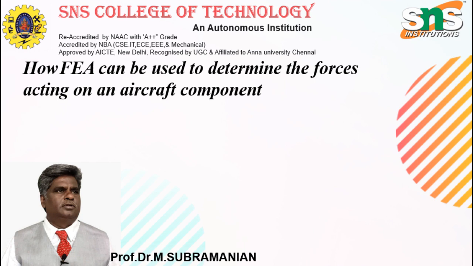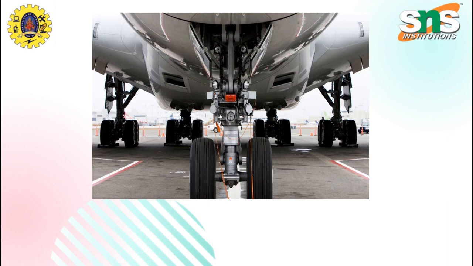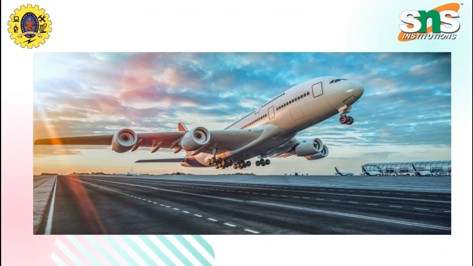Consider an aircraft landing gear, which consists of several components such as the shock strut, the main landing gear beam and the wheels. The landing gear is subjected to several loads during takeoff, landing and taxiing, including the weight of the aircraft, the impact of landing and the braking forces.